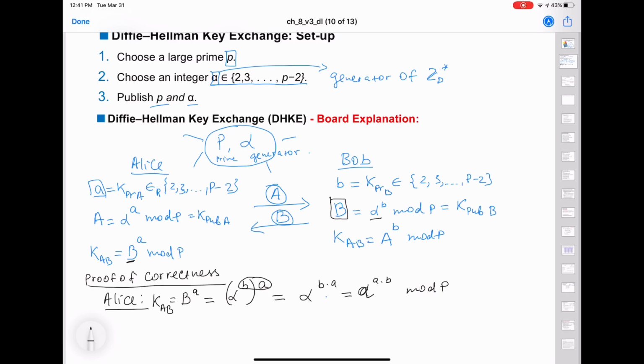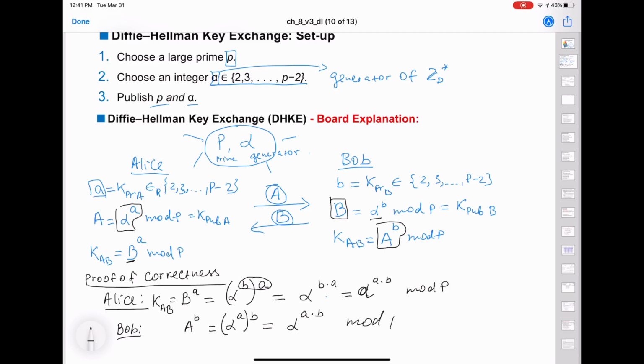This is what Alice calculated. What did Bob calculate? Bob gets capital A to the power of b. Capital A was calculated as alpha to the power of a. As you remember, the exponents get multiplied: alpha to the power of a times b modulo p.